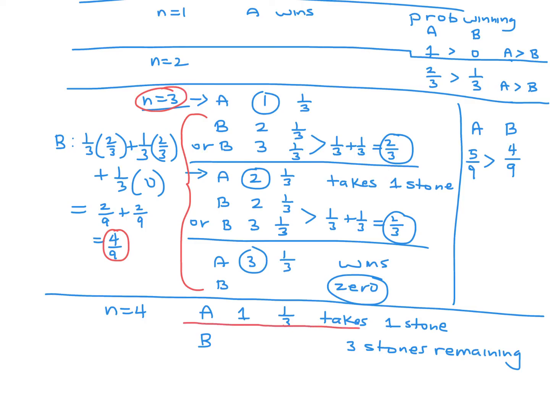That one action turns it into this scenario with Bob going first. So it'll basically be the reverse of that. So this scenario will be A, B, it'll be 5 over 9 and 4 over 9. And since that is greater, that's the first time where Bob's probability of winning is greater, and that happens when n equals 4.